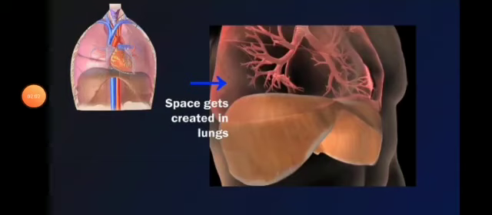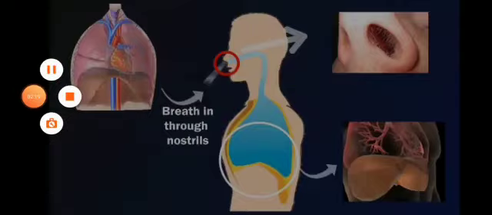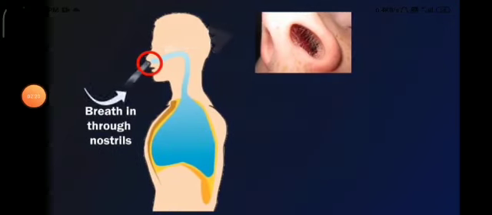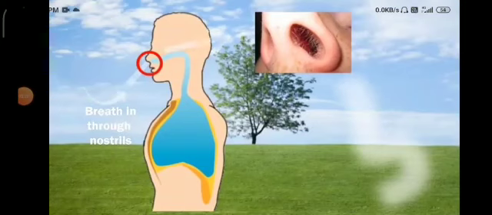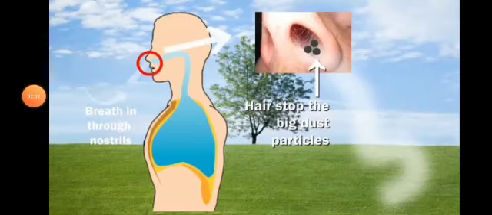So children, because of these movements, space is created in the lungs. Due to this air space, the air gets sucked through our nostrils and reaches up to the lungs. When we breathe in, as in the surrounding medium there are lots of dust particles and gases present, they get into our nostril.